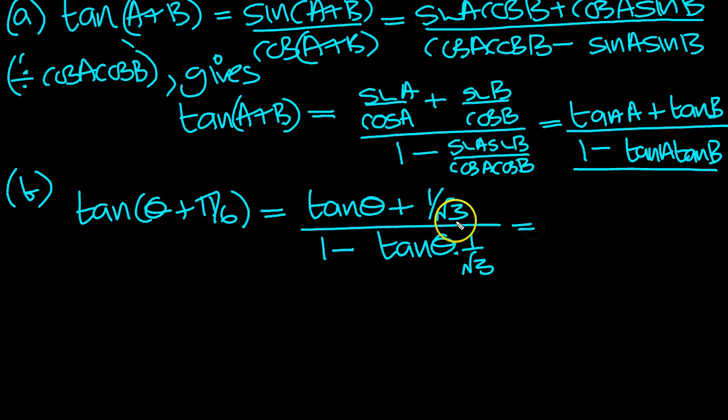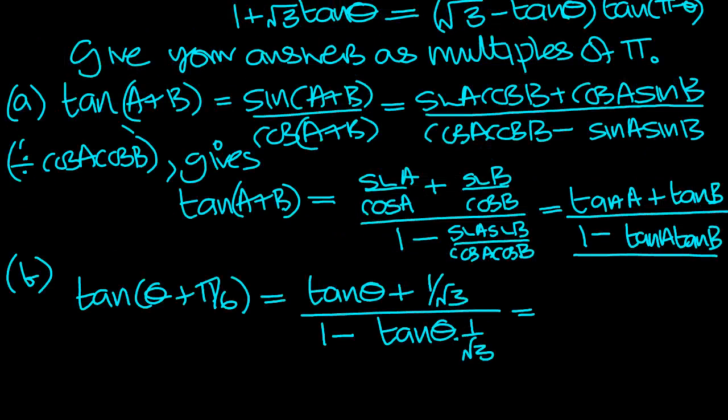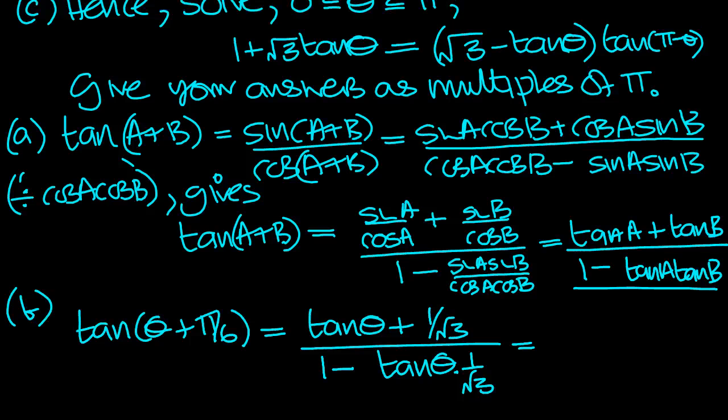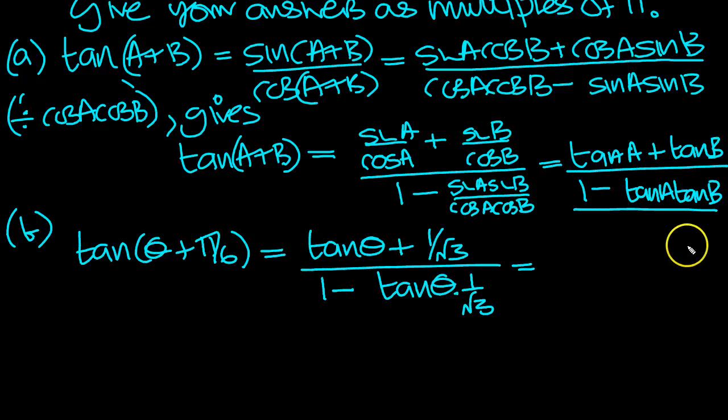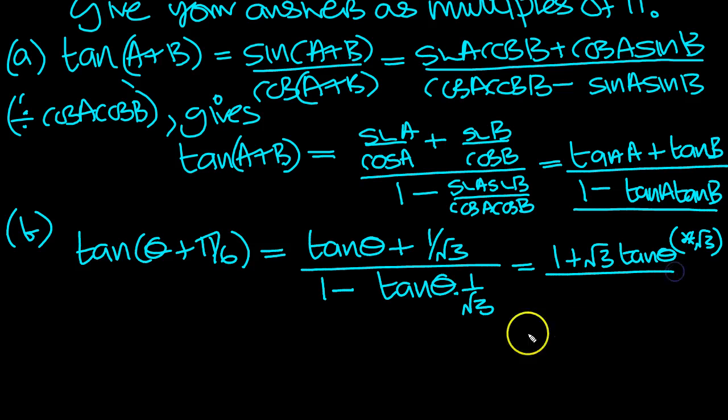So if we times by root 3 top and bottom, here we get 1 plus root 3 tan theta divided by root 3 minus tan theta. So that's B.